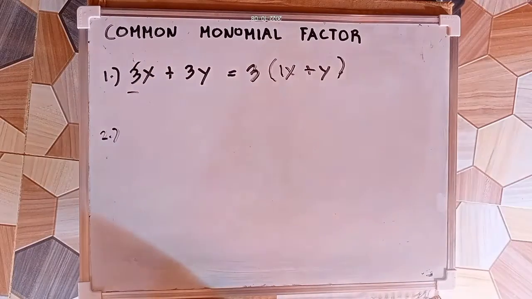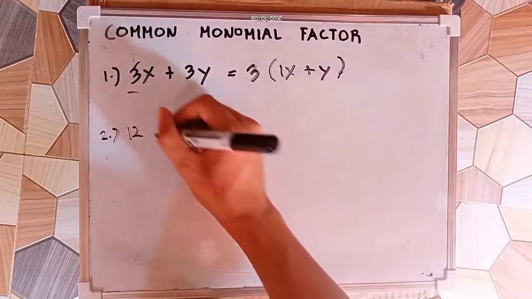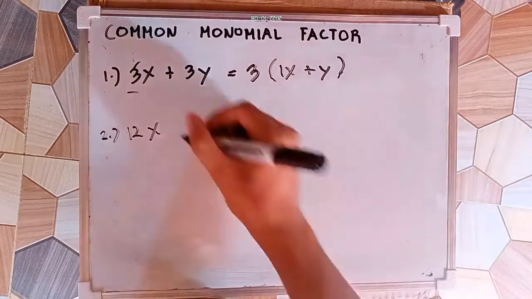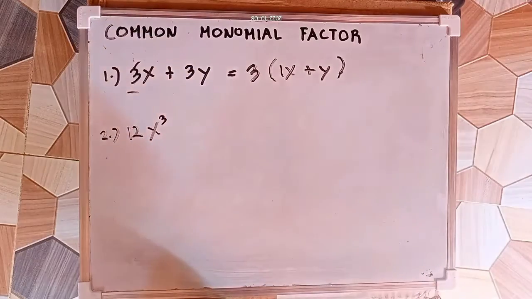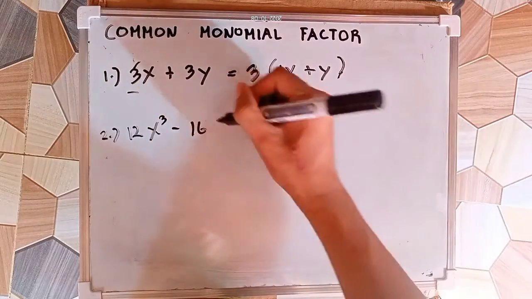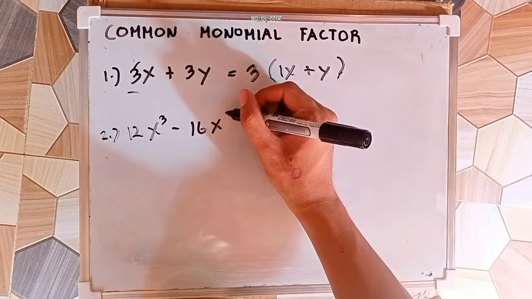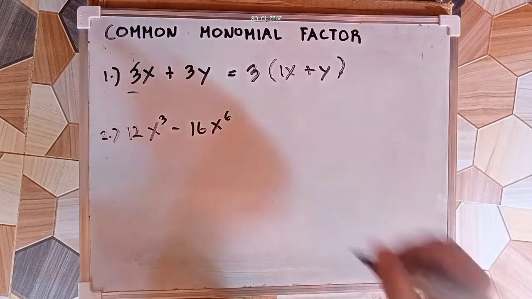For number 2, we have 12x cubed minus 16x to the power of 6.